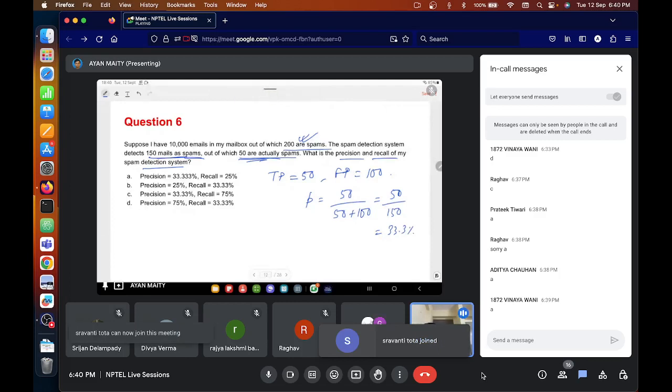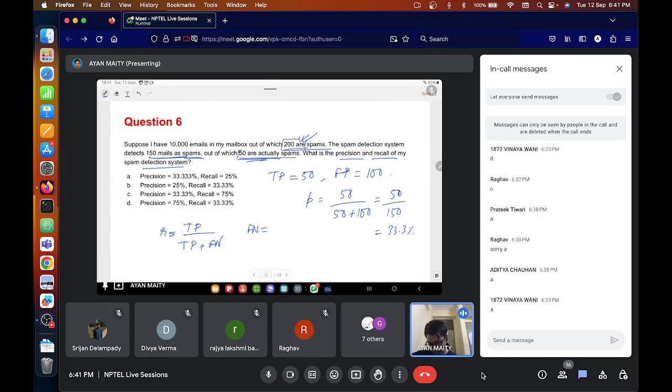Now for recall, you need to know TP divided by TP plus FN. So you have to know FN. False negatives are positives but predicted as negatives. So there are actually 200 spams, but 50 correct spams have been detected.